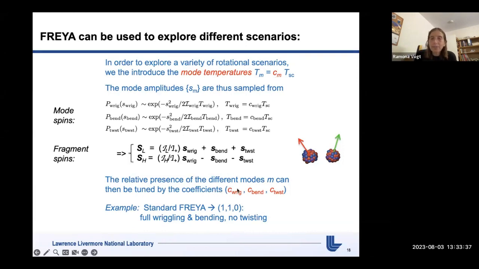So CS would be the combination of the different modes: wriggling mode, bending mode, and twisting mode. And I'll explain why we don't look at tilting in a minute, but we have these different probabilities for the mode spins and then different temperatures for each one. And so in regular Freya, the default is that the wriggling and bending are fully engaged and there's no twisting.